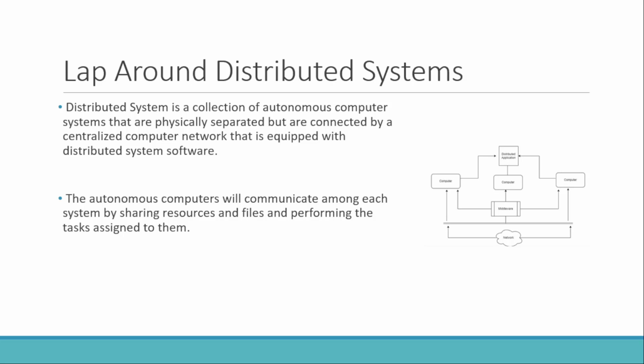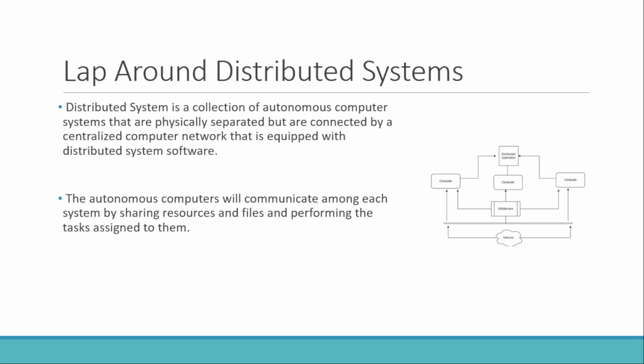Now we can also talk about transparency, and how transparency could affect our distributed systems definition. An important goal of the distributed system is basically to hide the fact that its processes and resources could be physically distributed across multiple computers. So a distributed system which is capable of presenting itself to the users and the applications as if it is only a single computer system is called a transparent one.